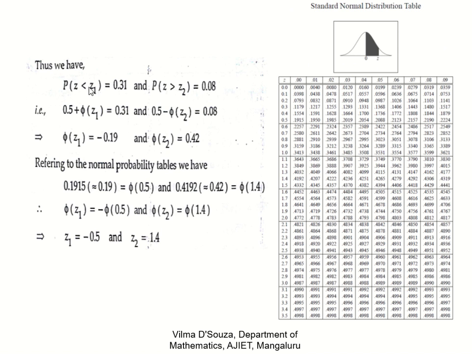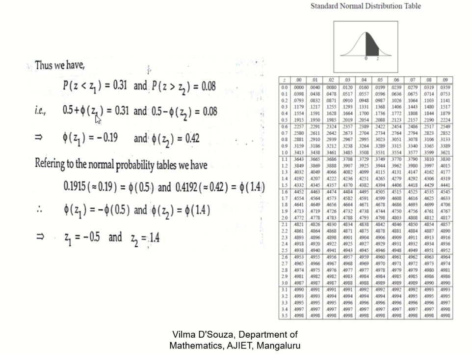So the probability of z less than z1, that is minus infinity to z1, can be written as the probability from minus infinity to 0 plus phi of z1, 0 to z1. That is nothing but 0.31. So 0.5 plus phi of z1 is equal to 0.31.